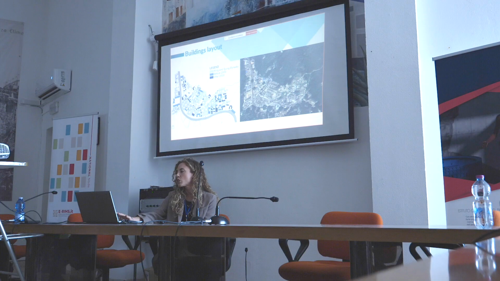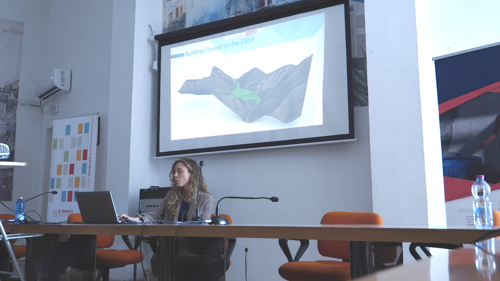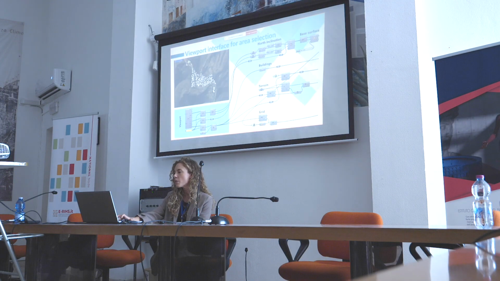The geometric configuration of the buildings in the settlement was modeled starting from the GIS maps, which were further checked and refined through the comparison with high-resolution satellite images and on-site pictures. Both the buildings and the terrain were then georeferenced and put together into a single three-dimensional model of the area.